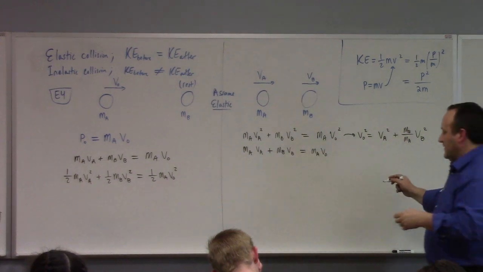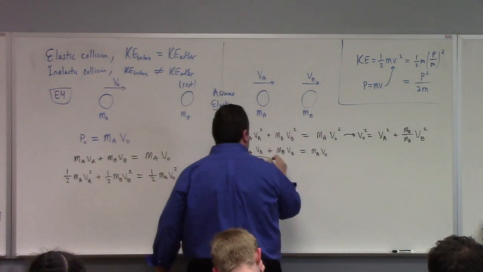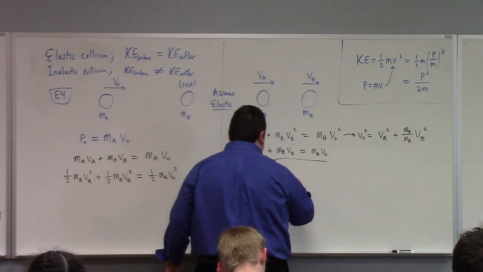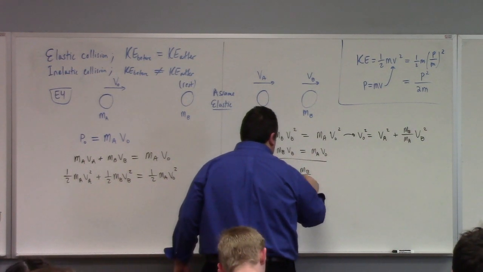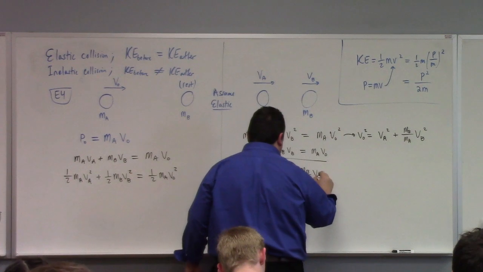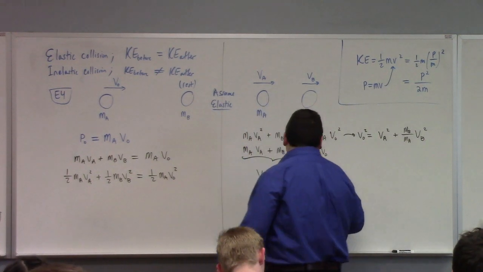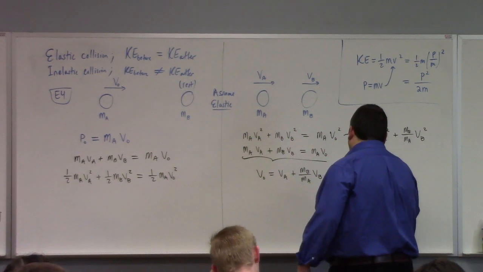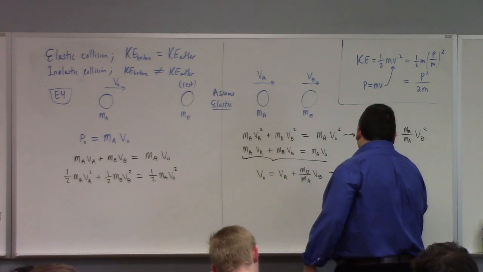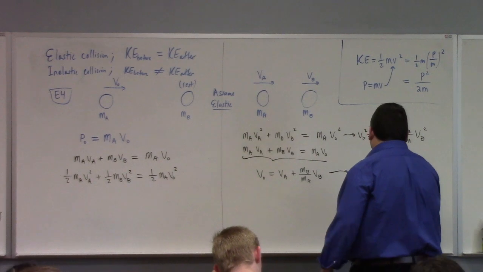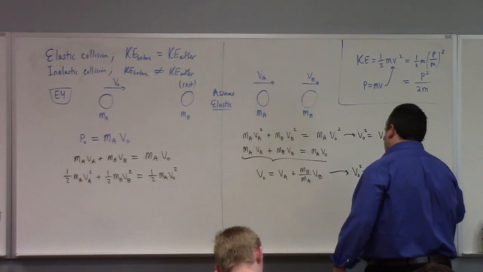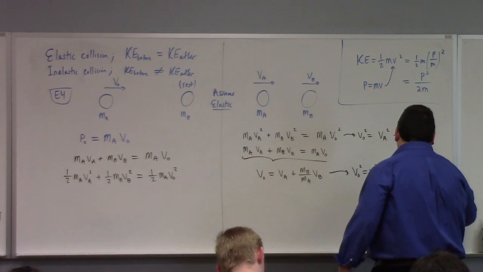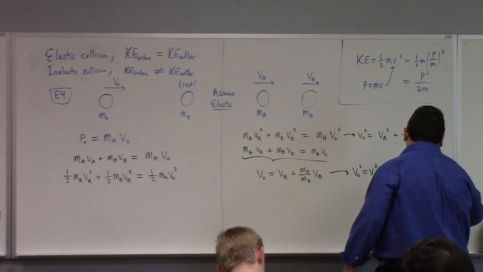This tells me that V naught is equal to VA plus MB over MA times VB. If I square that, I get V naught squared equals VA squared plus MB over MA quantity squared VB squared.